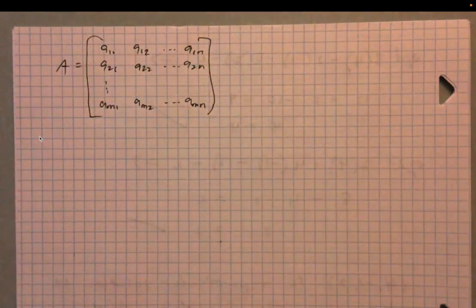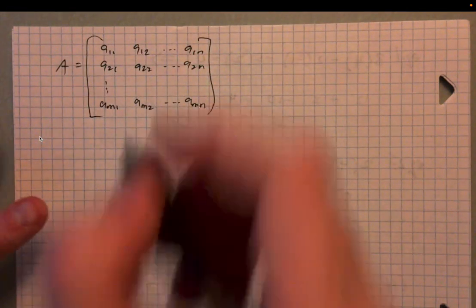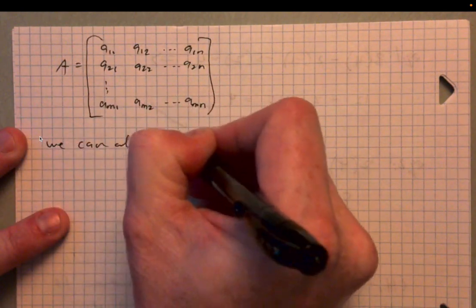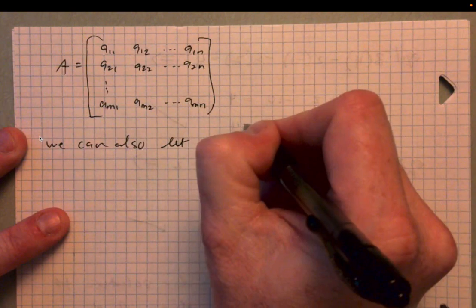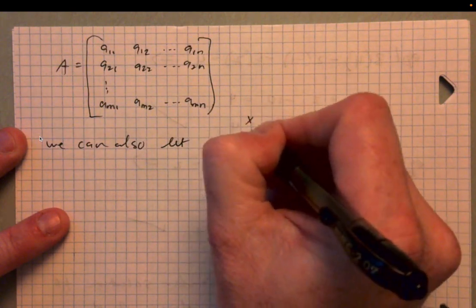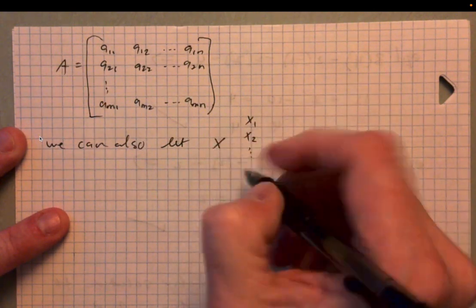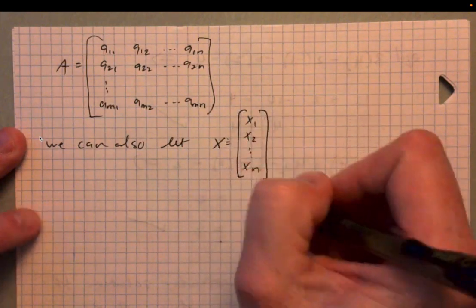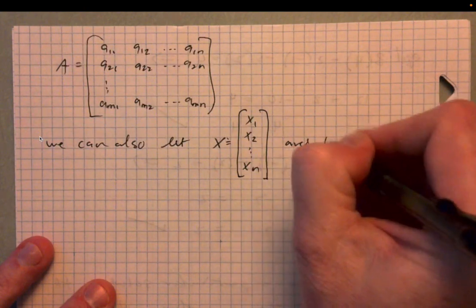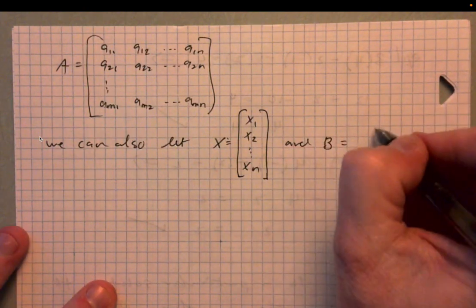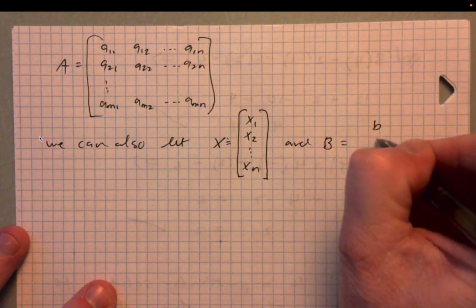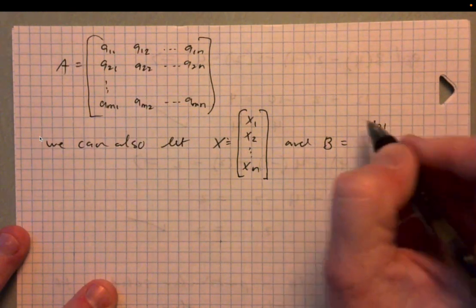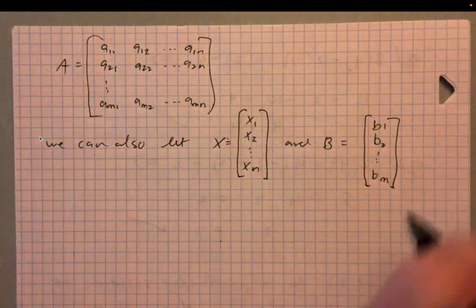So what we can also do is let X be x1, x2, dot, dot, dot, xn. So this is an n by 1 matrix. And B be b1, b2, dot, dot, dot, bm, an m by 1 matrix.